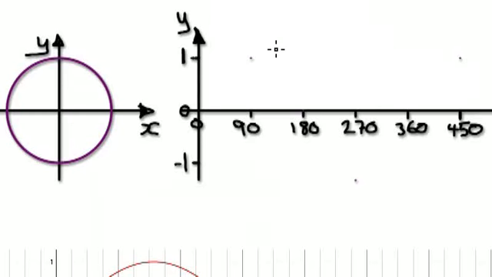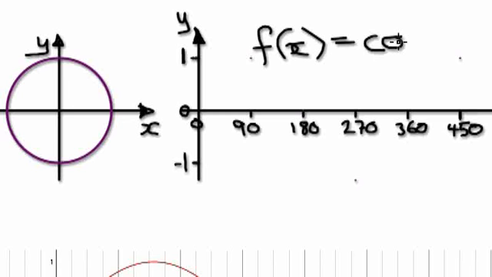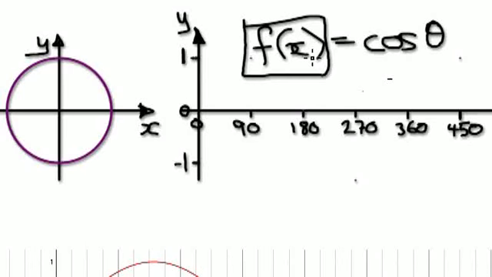In the next video, we will look at f of x equals cos x, not theta. I can't actually say theta, because when you say a function f of x, it means you're going to do something to the x.